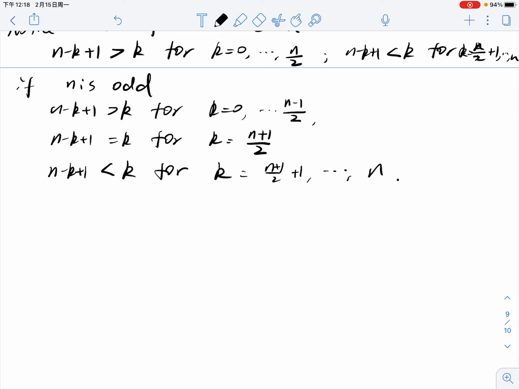So that gives you two peaks in the middle. Okay, we are done.